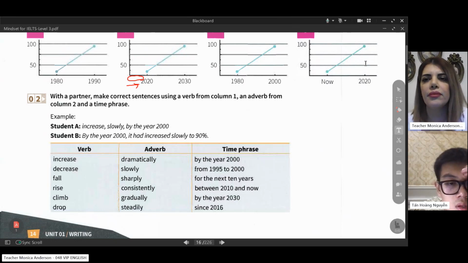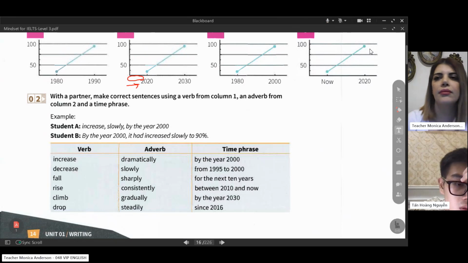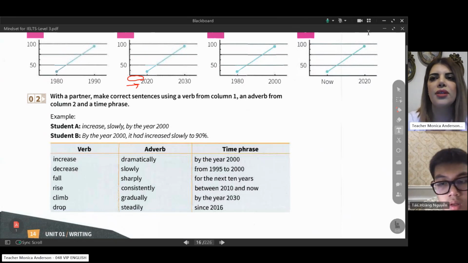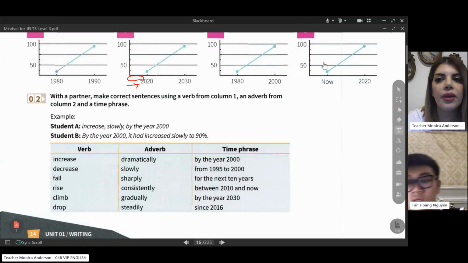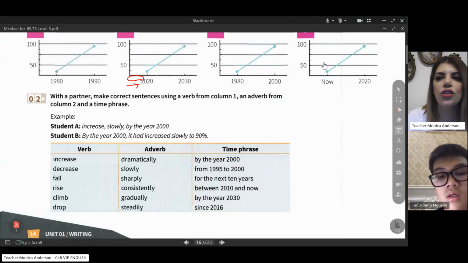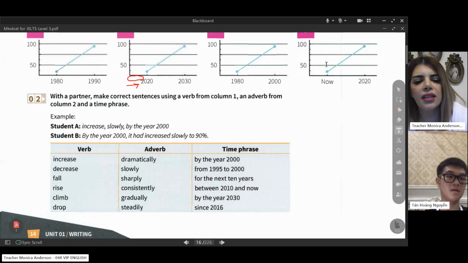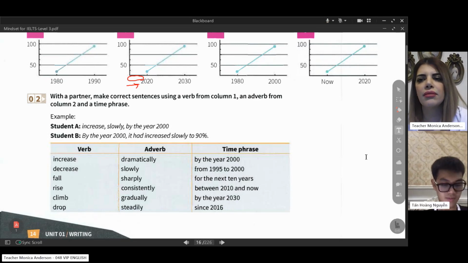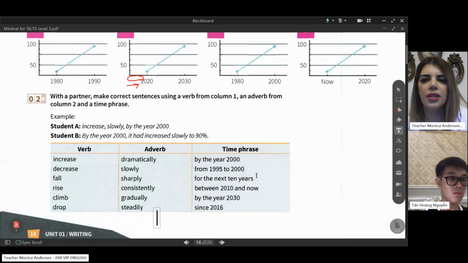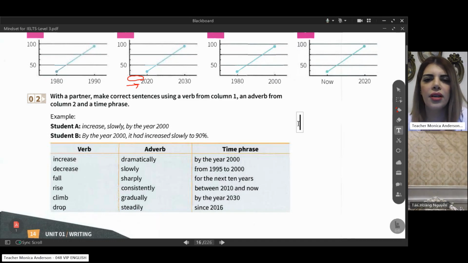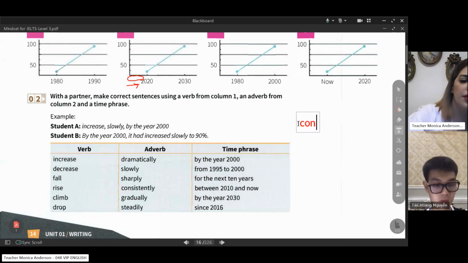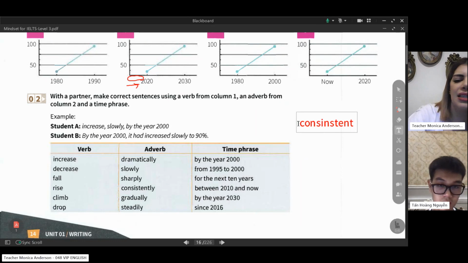Teacher, can I have time to take note of the words? Of course. Do you have the book? Yes. So let me write these two words here: consistently, inconsistently.